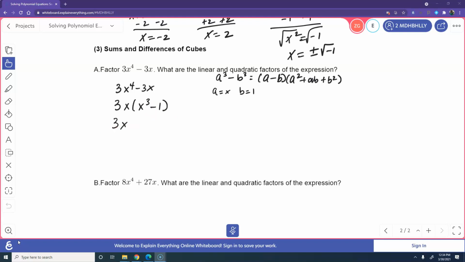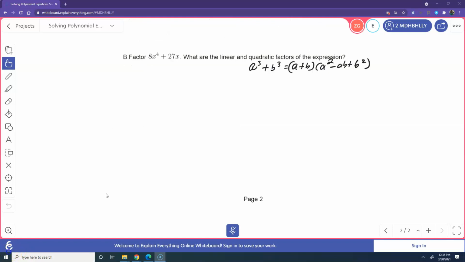So we have 3x times x minus 1, then x squared plus 1x plus 1. Those are the factors.